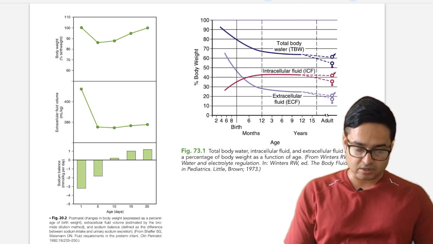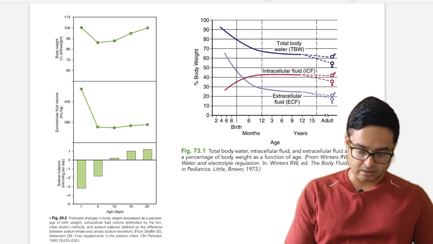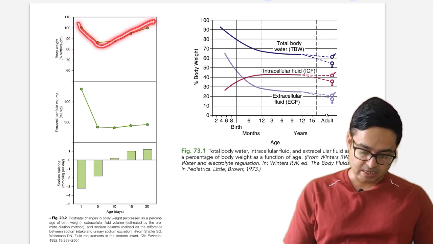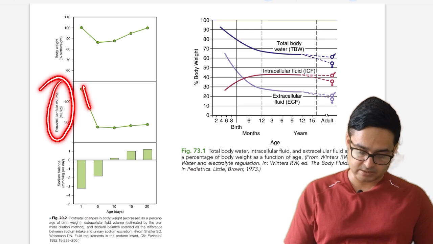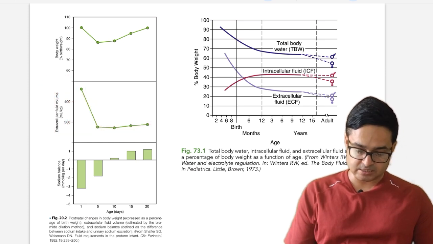This diagram also shows percentage birth weight, how it decreases and increases. This is extracellular fluid volume. This is the graph of extracellular fluid volume, and just see this graph.